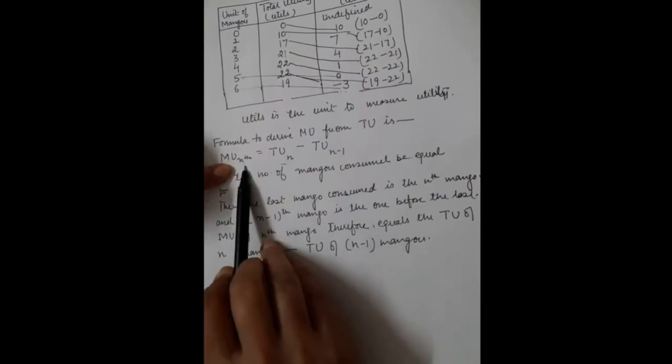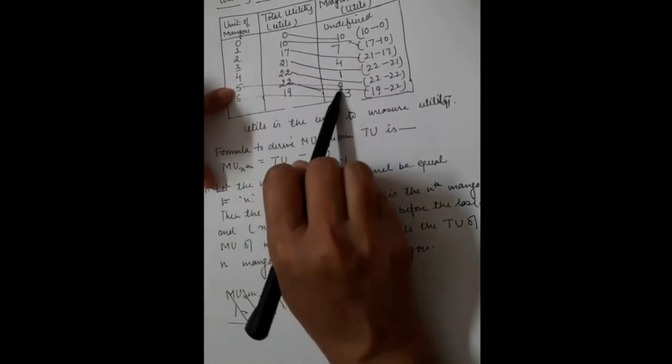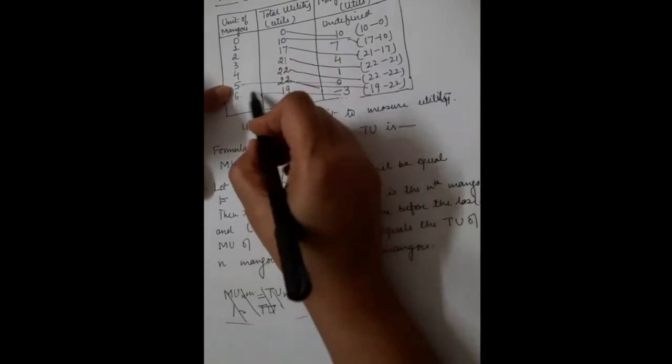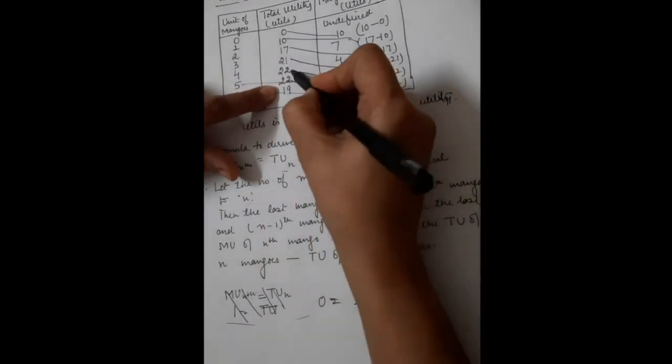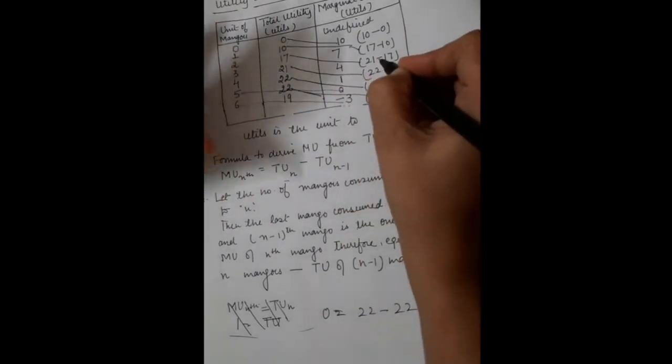Our formula is MU of nth is equal to TU of n minus TU of n minus 1. In our case, suppose we take nth as the 5th unit in the table. The MU of the 5th unit is equal to 0, right? So we put 0 in place of MU of nth, is equal to TU of n, which in our case is 22, minus TU of n minus 1, 22 minus 22, is equal to 0. Do you understand? So this is how you derive the marginal utility of any of the units.